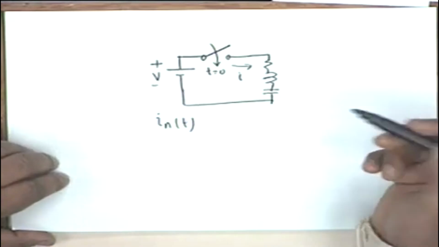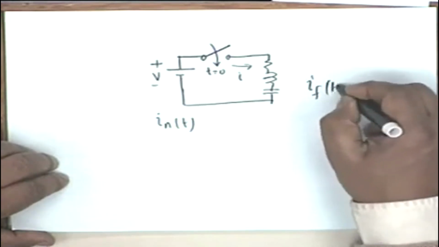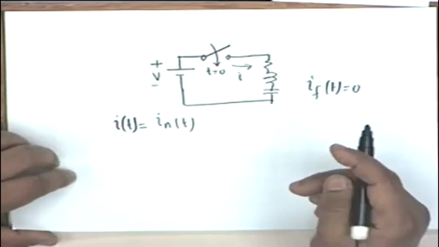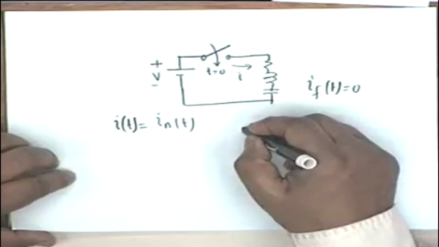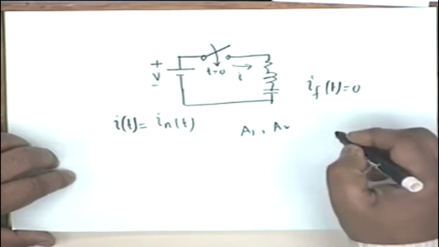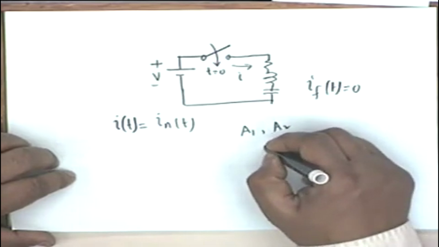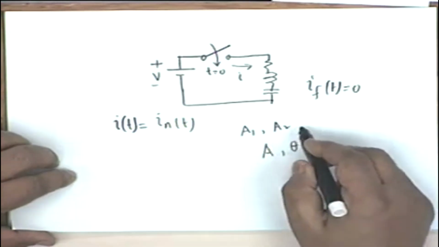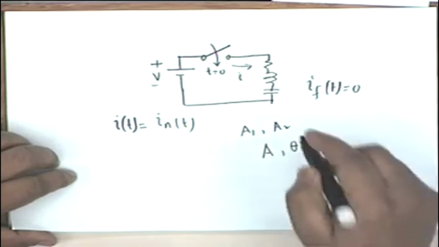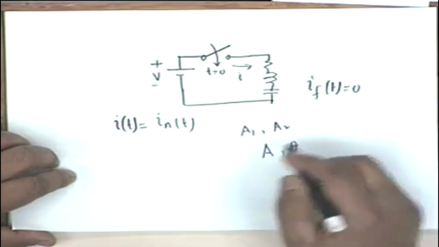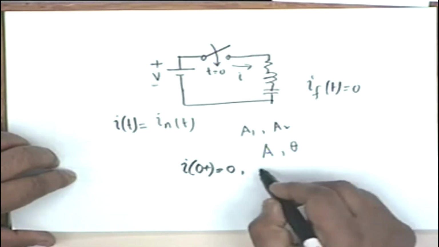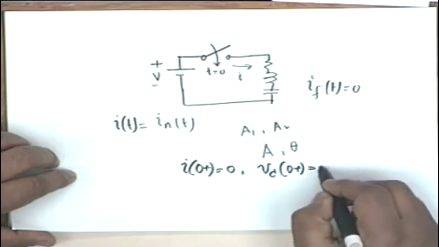It does not allow any current, and therefore I F of t is equal to 0, and therefore the total solution is equal to I N of t, and the two constants A1, A2 in the first two cases, A and theta in the third case when the roots are complex, shall be determined from the initial conditions that I of 0 plus equal to 0 and V sub C of 0 plus is also equal to 0.